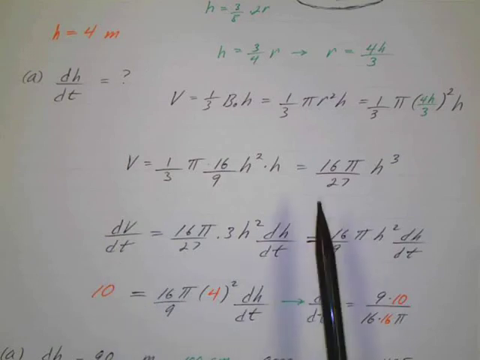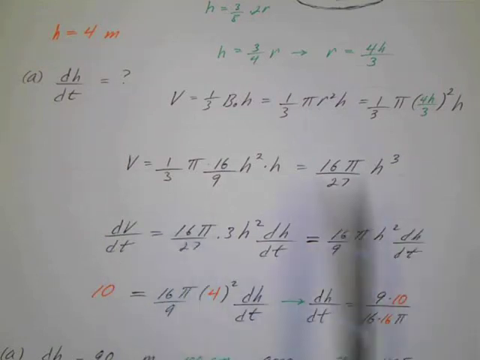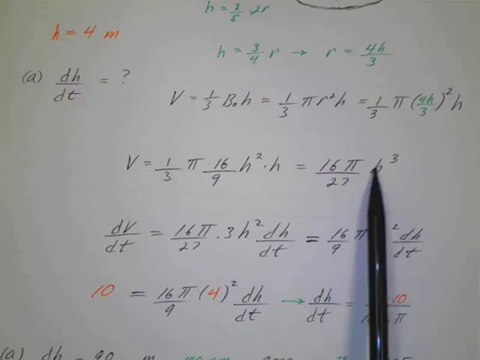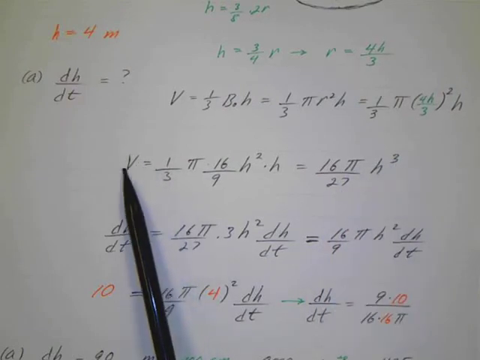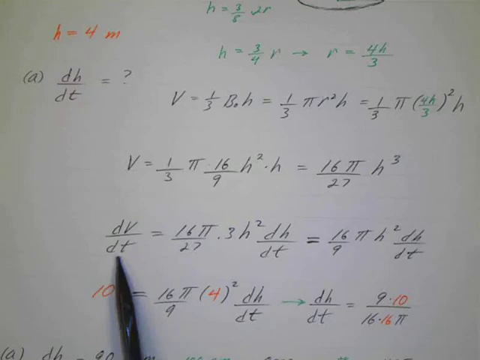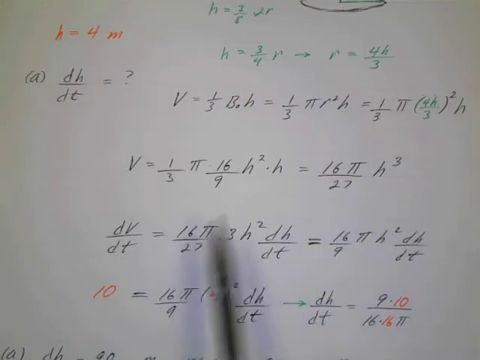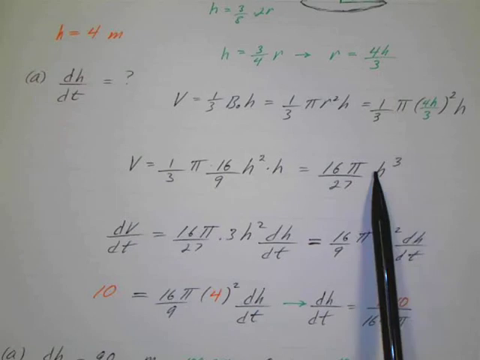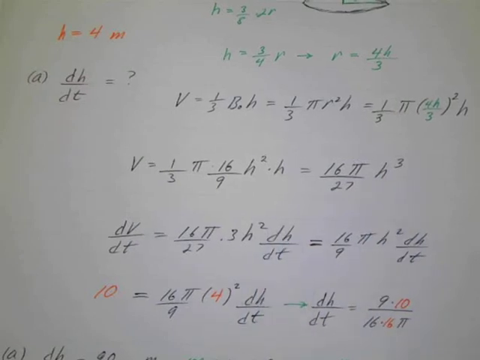So V equals 16 over 27 pi h to the third. If I take the derivative of both sides implicitly with respect to t, dV/dt equals, now this is all constant, 16 pi over 27, and the derivative of this will be 3h squared dh/dt.